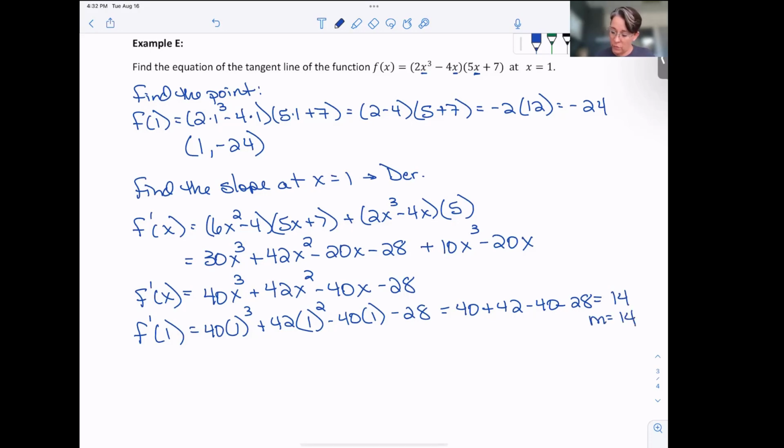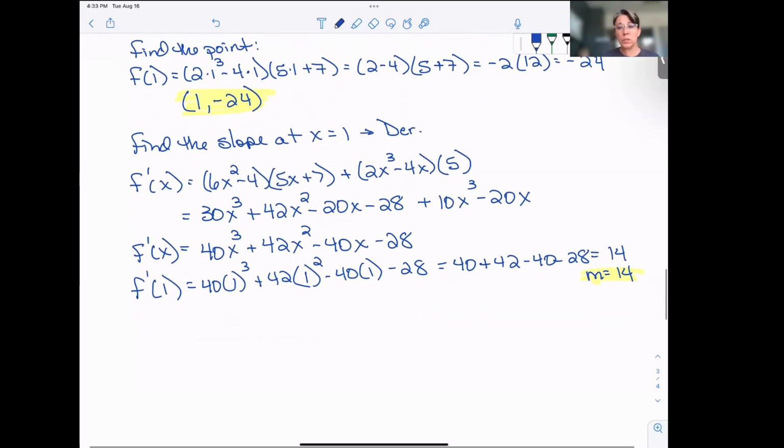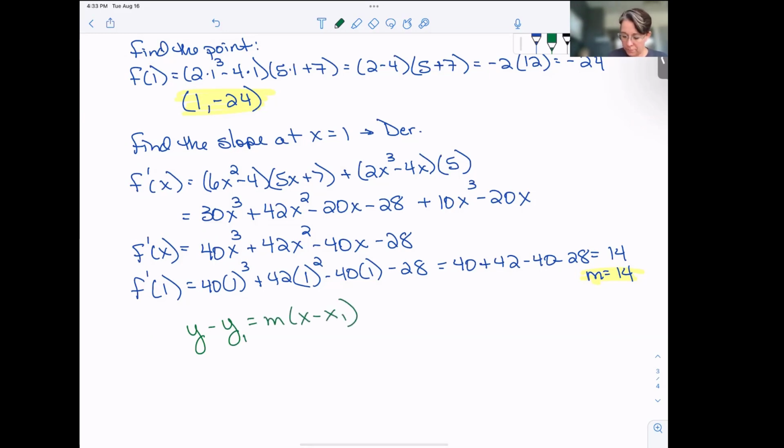So we have m is 14, and we have a point on the tangent line. So now it's back to Algebra 1, coming up with an equation. And again, it's up to you which version you want to do. But let's say we did y minus y1 equals the slope times x minus x1.